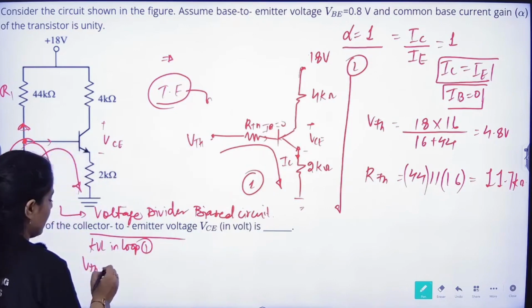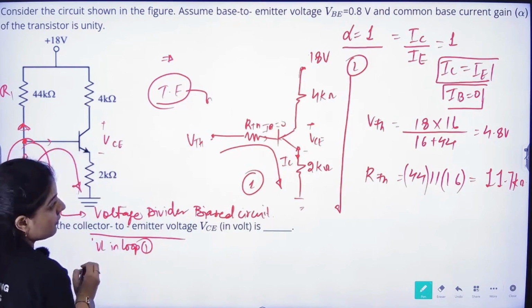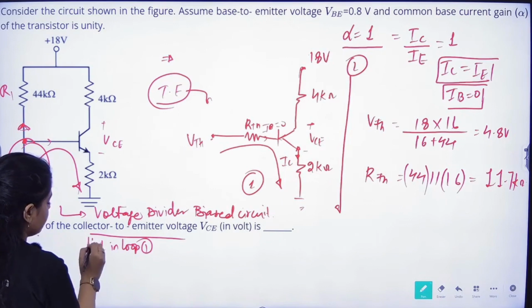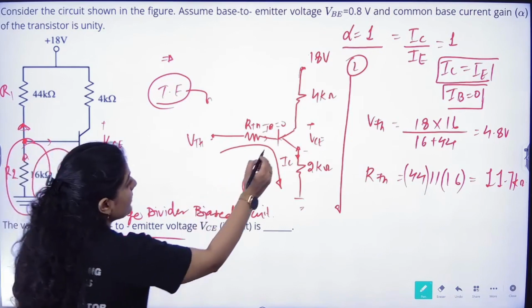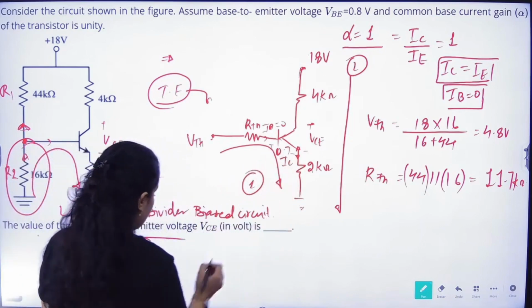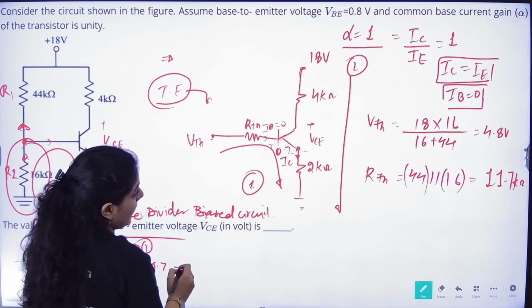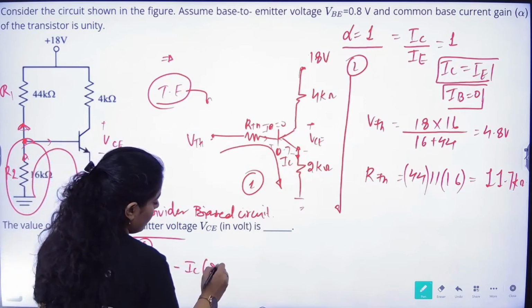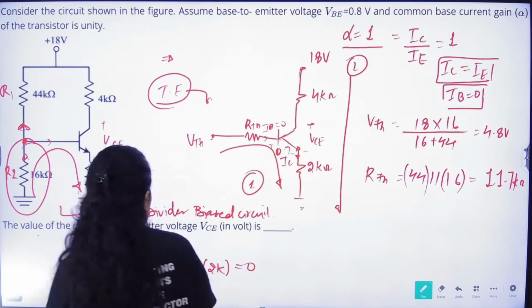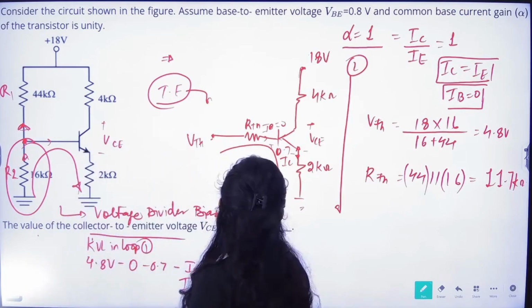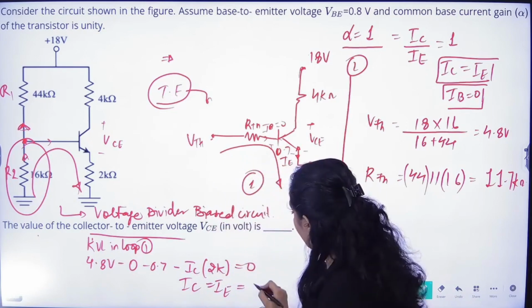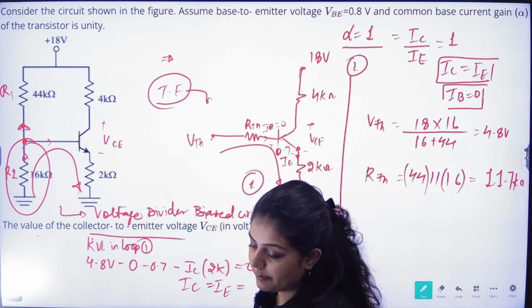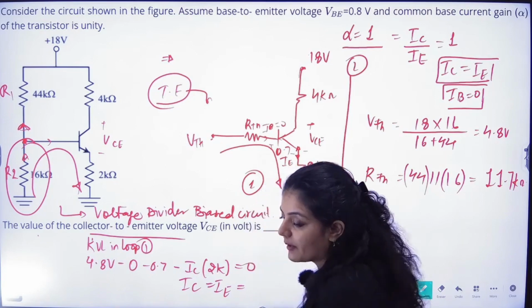So I'm just putting VTH minus 0, we know it is equal to 4.8 volts minus 0 minus this VBE, 0.7, minus IC into 2K, which will be equal to 0. Now from here I can easily find out IC, or you can say this is IE current, both are the same. IC is equal to IE, and the value of this will be equal to 2 milliampere.